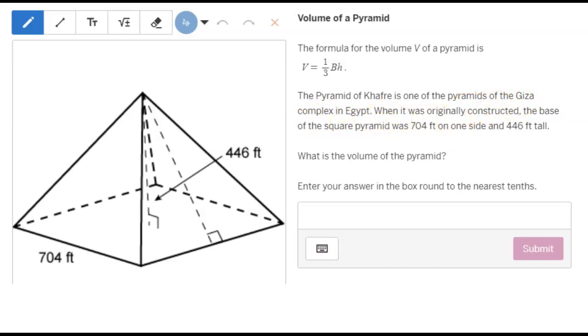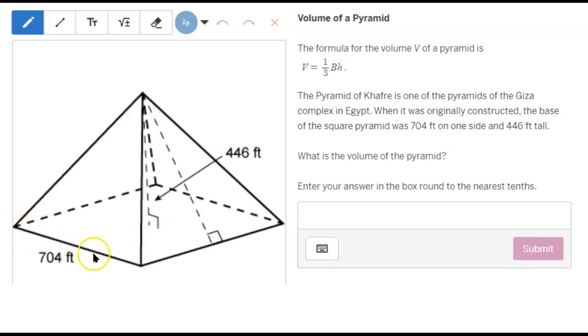When it was originally constructed, the base of the pyramid was 704 feet on one side, and 446 feet tall. What is the volume of the pyramid?